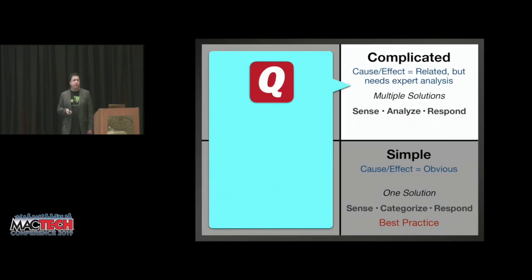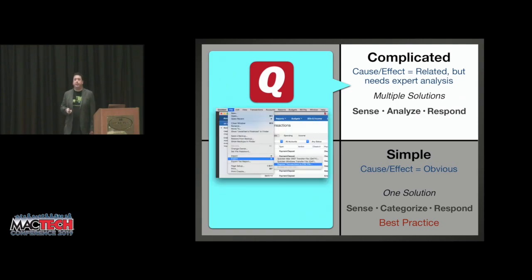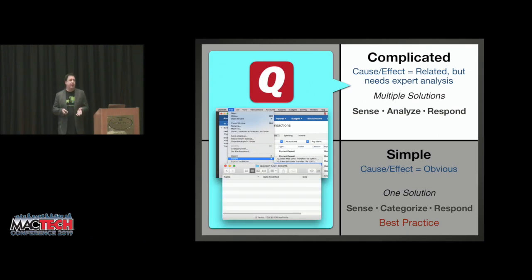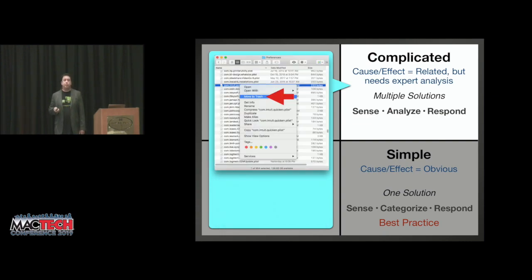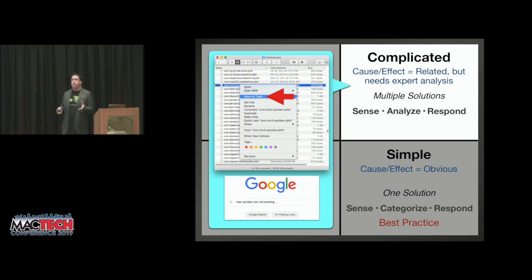is having a problem with Quicken, where Quicken reports fail to export as CSV. The report will run and it looks fine on screen, but it doesn't save the CSV file. Several techs attempt to fix this by trying things like deleting preference files or Googling for answers, but nothing works. Someone even comes up with a workaround of copy and pasting into Excel, but the user isn't happy with that.